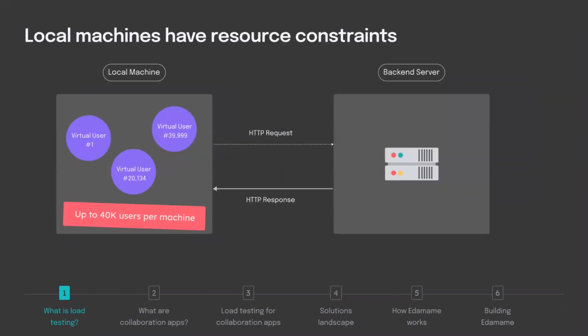So now that we know what a virtual user is, we can revisit scale, which again is concerned with the total number of concurrent virtual users that are being simulated. And approximately 40,000 virtual users can be simulated on one local machine, but this is just an approximation. The actual number that can be simulated will depend on the local resources that are available, such as how much CPU the machine has and how much memory is available.